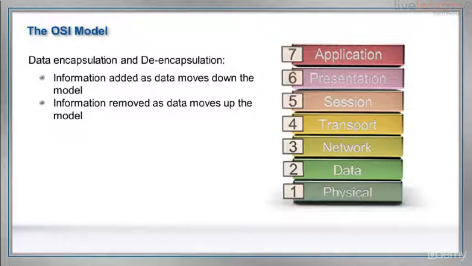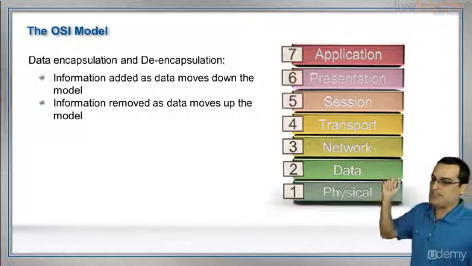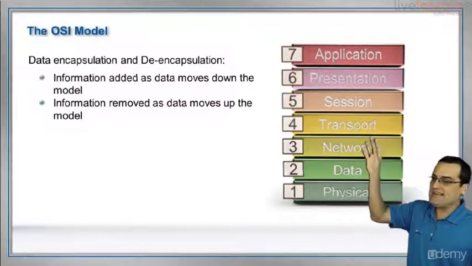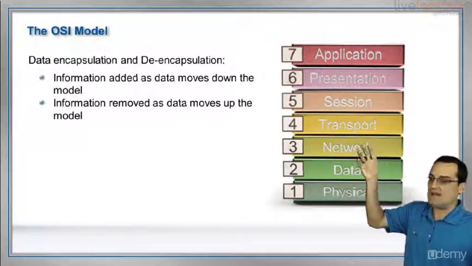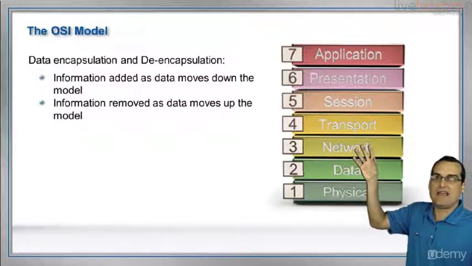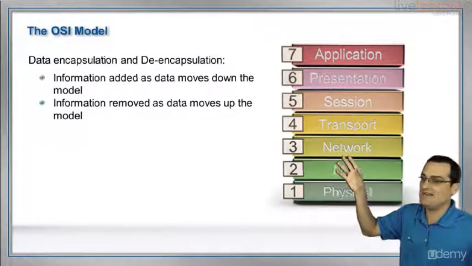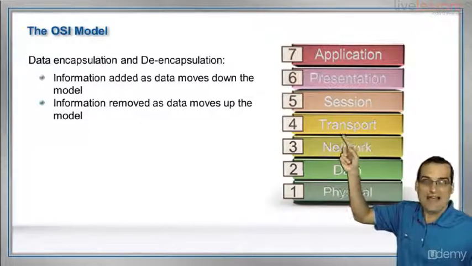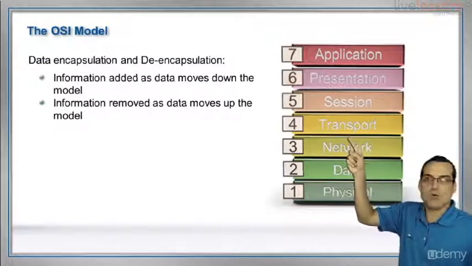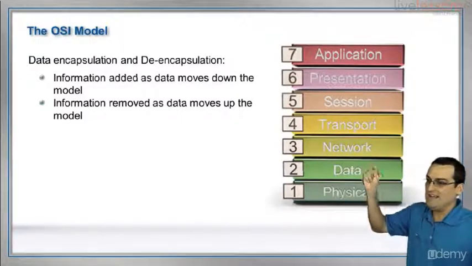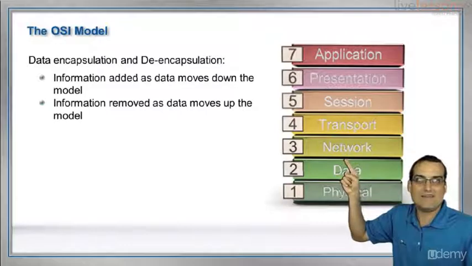Well, you see, when you compose an email, this email is composed up at the top application layer, right? And as that email in the form of data is handed down to the presentation layer, it will add additional information for the networking functions to that data. It hits the session layer, it adds information. It hits the transport layer, it adds information. It hits the network layer, it adds information.